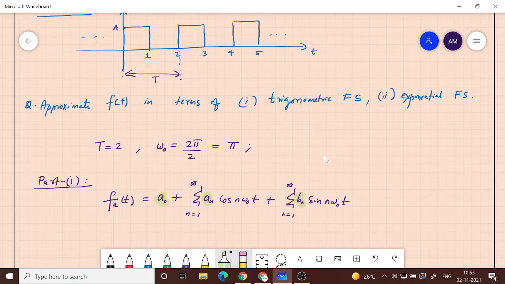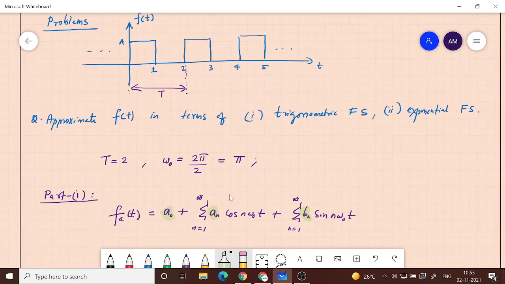The problem is done. So this square wave, periodic square wave, we are going to write as a function, that means a sum of infinite functions, sines and cosines and constants, and when you add them all up, we will get a function which is the best approximation of this square wave.